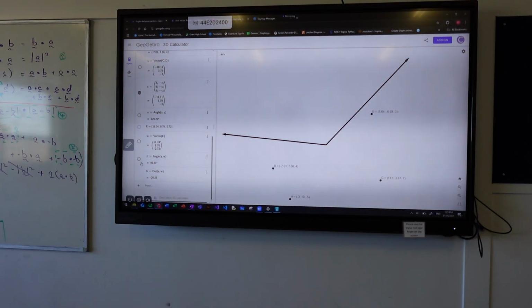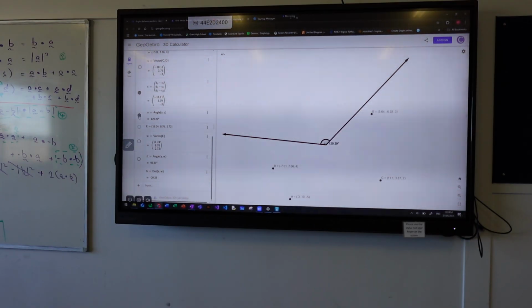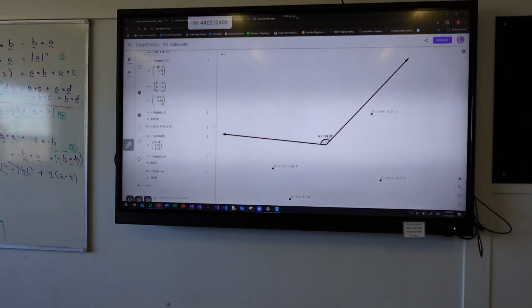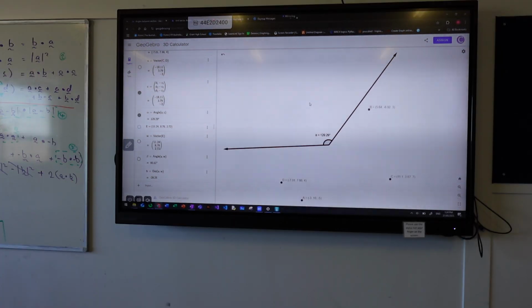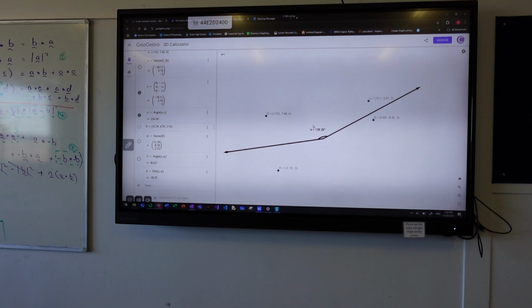Now, as a sneak peek, if you just wanted to get the angle, then cool tools like GeoGebra can do it. And really cool tools like our calculator can do it as well.